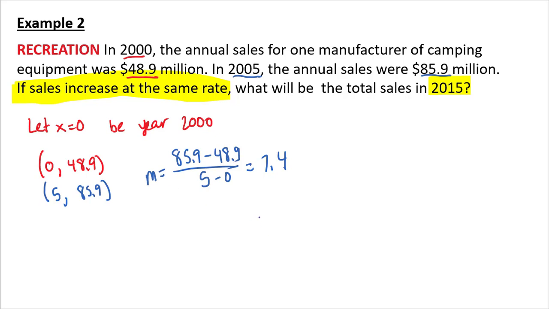So if you want your slope to be the same when I have 2015, but I don't know what my sales are, I have to find the slope between 15 and y.